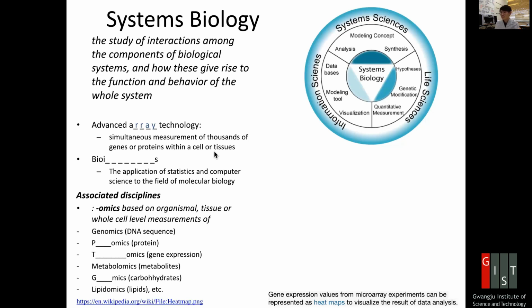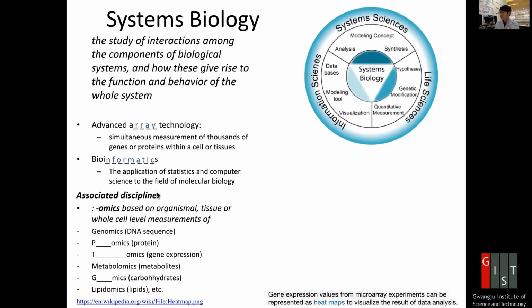And this can be studied with the advance of bioinformatics. Bioinformatics is the application of statistics and computer science to the field of molecular biology. And that has been associated with many disciplines.